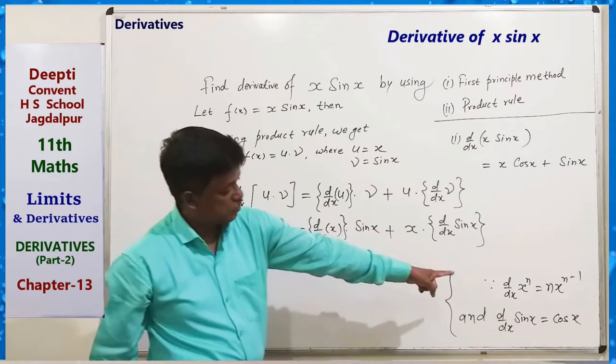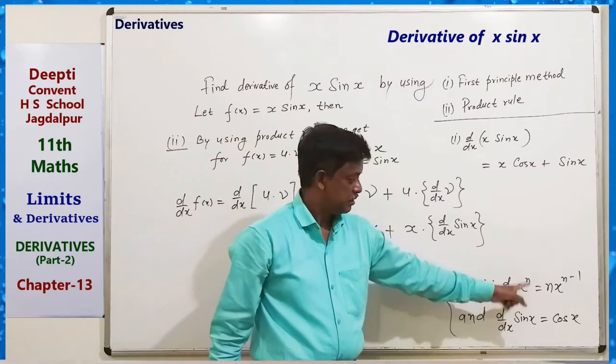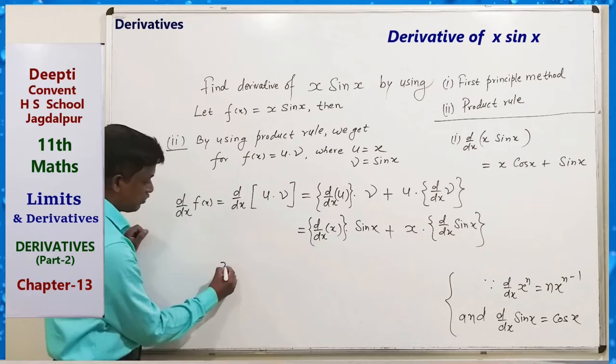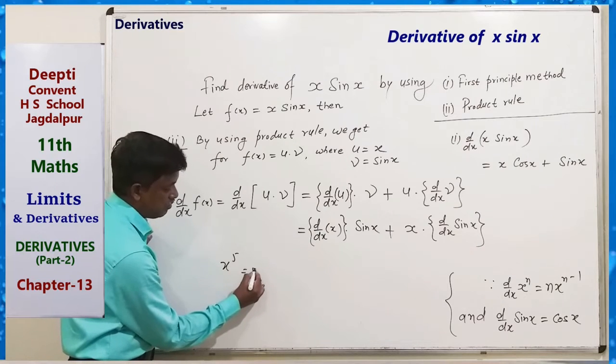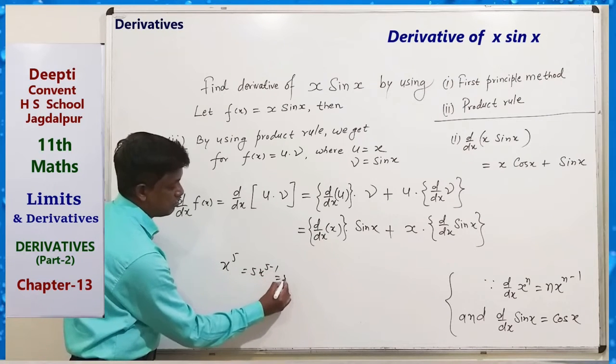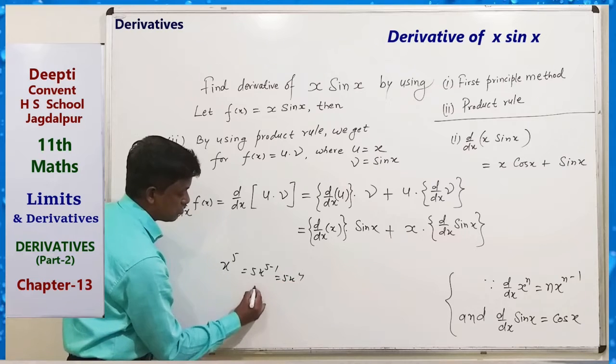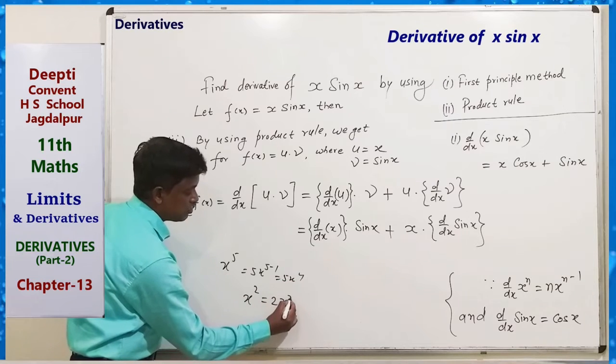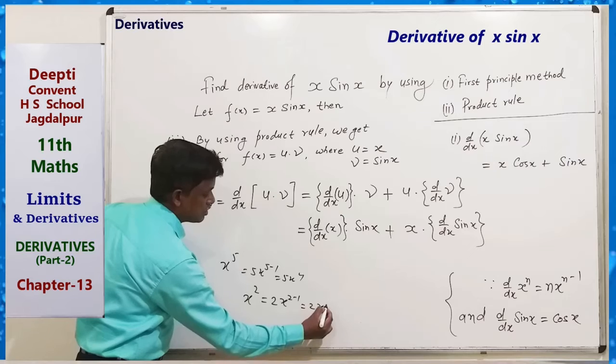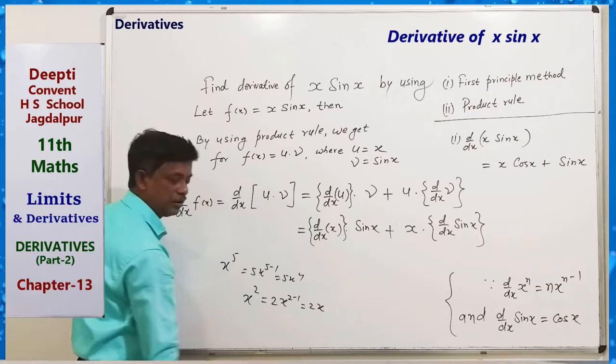So what does this formula mean? Suppose x to the power 5, then 5x to the power 5 minus 1, that is 5x to the power 4. x squared gives 2 x to the power 2 minus 1, that is 2x to the power 1.